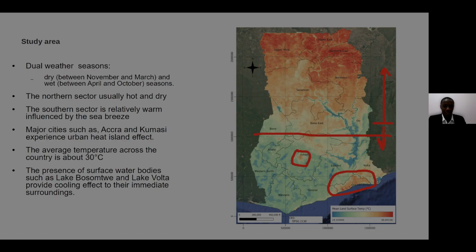The southern sector also experiences sea breeze, which helps with the cooling effects. And then the Lake Volta and other lakes also provide a cooling effect to their immediate neighborhoods as well.